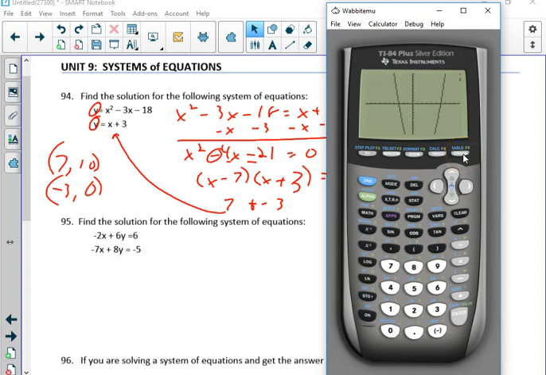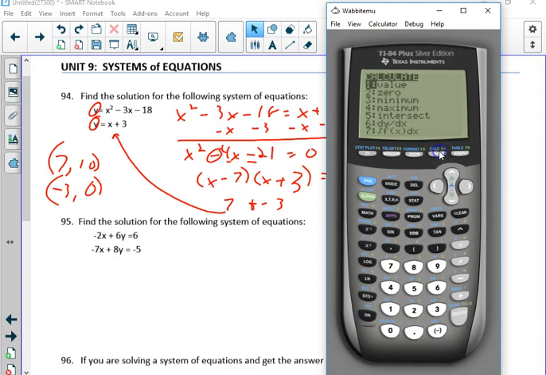So we see a parabola and a line. Now I'm going to find the intercepts. So second trace, calculate, and I'm going to go 5 intersect. And all I'm going to do is move my cursor about the point of intersection, hit 1, 2, 3 on enter, and there it is, negative 3, 0.